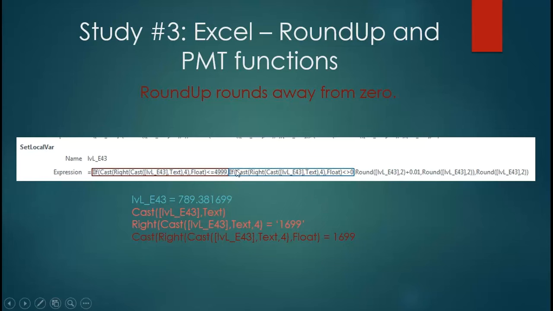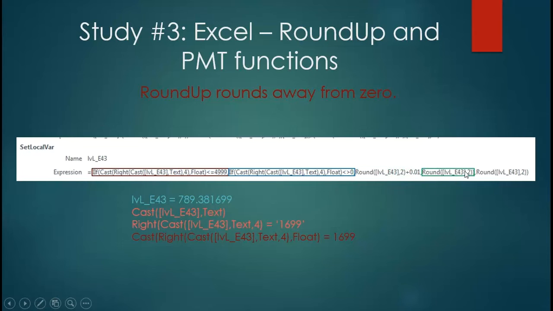So then we move to this next inline if, which is the true part of this first one. Then we do something very similar again, but we're changing it. We're checking to see if it's not equal to 0. If it is not equal to 0, we're going to add a penny. So that's the rounding up part.